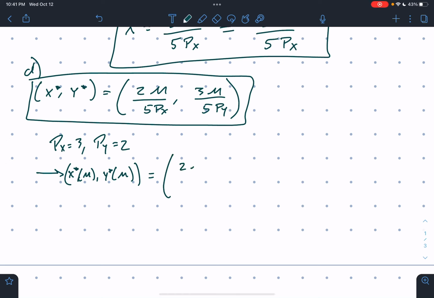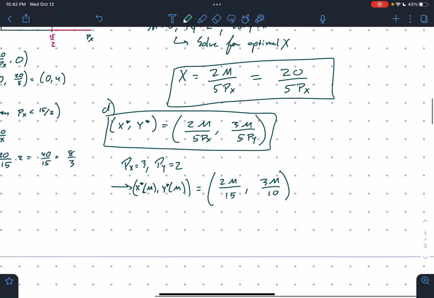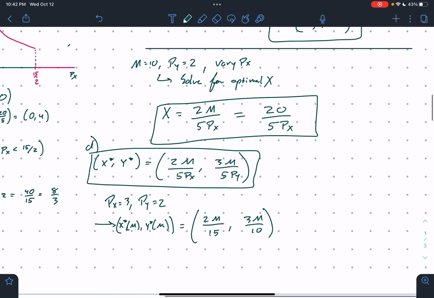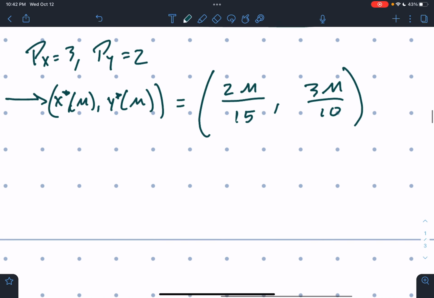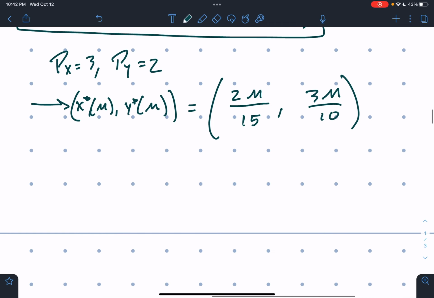So we get 2M over 15, and then the consumption of Y is going to be 3M over 10. So this basically tells me, given prices PX equal to 3 and PY equal to 2, what I will buy at each income level M.